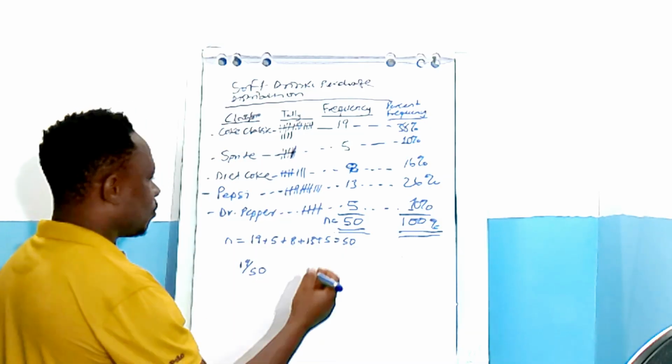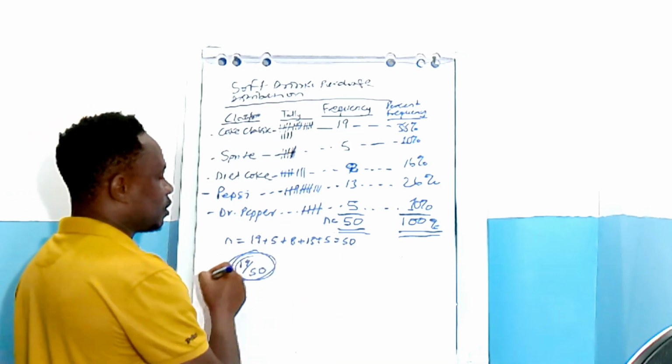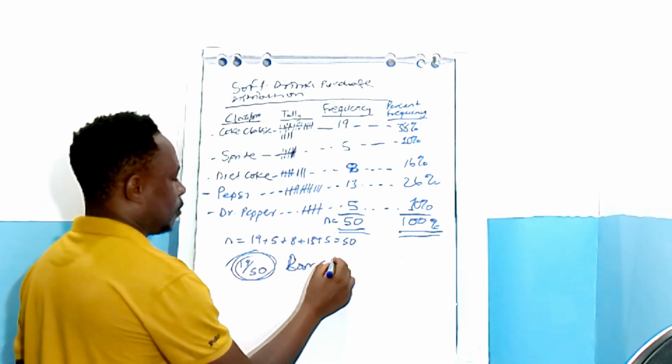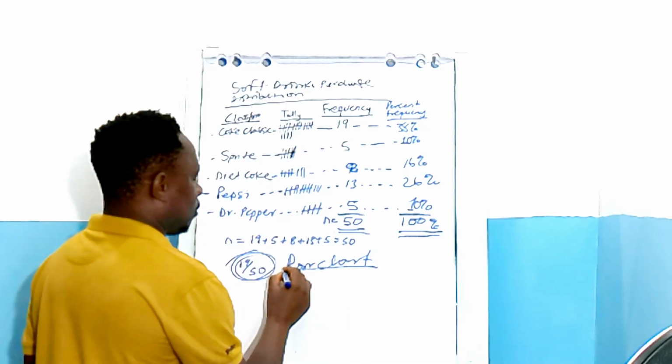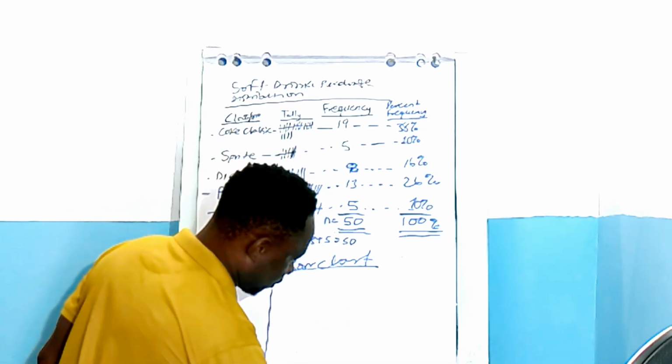Like I said, if you want to do a graphic illustration or visualization of the data, you can draw a bar chart, for which each of the bars will be a soft drink category.